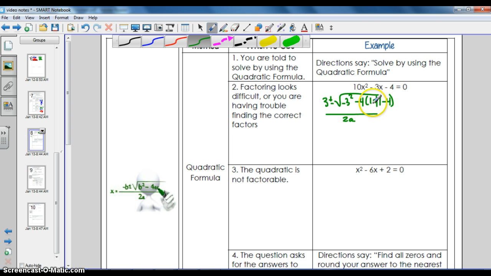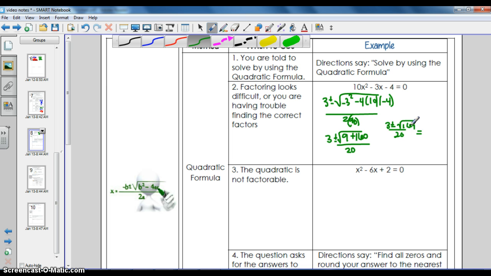And then simplify under that radical there. So 9 minus multiplying all of this to get minus a negative 160. And then 2 times, oops, forgot to fill in the a there, is 10. So 2 times 10 is 20, and it's 3 plus or minus. And then we wind up with 3 plus or minus the square root of 169 over 20.